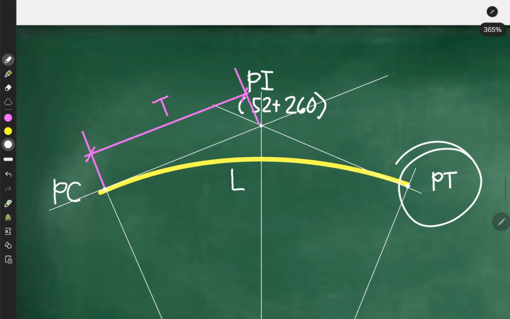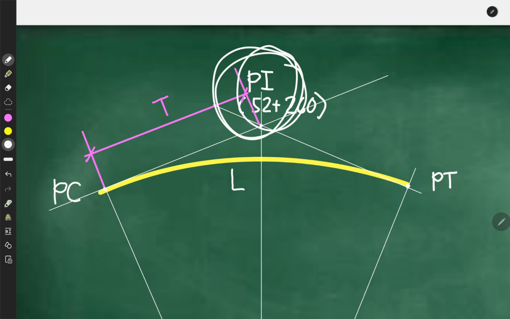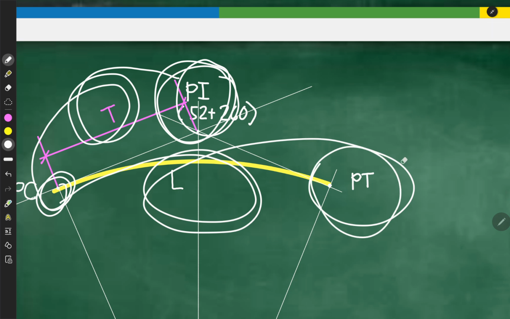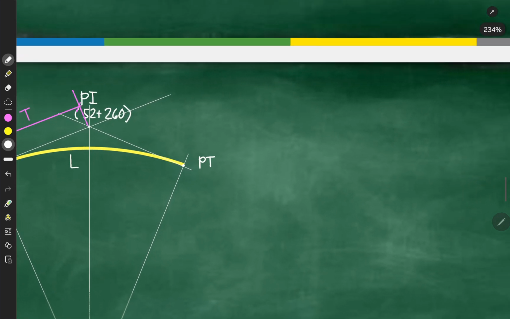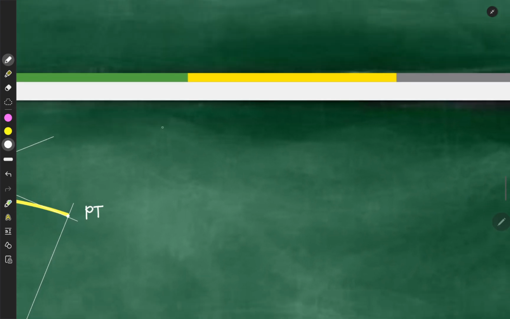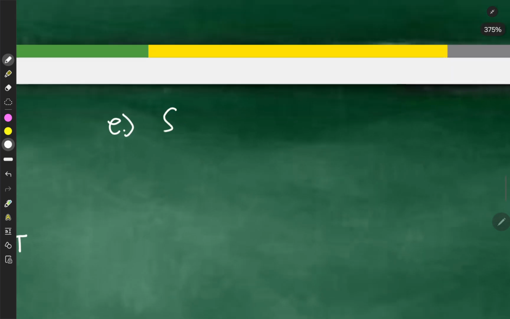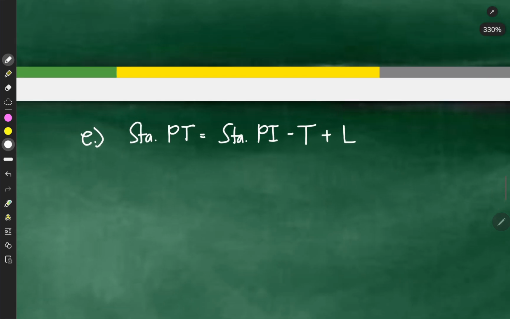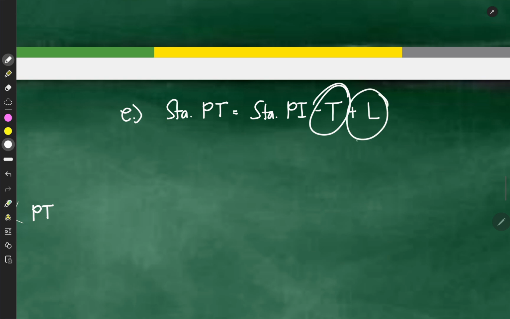To solve the stationing of PT, stationing of PI minus T, so we are now at PC, then plus L, and we are now at PT. So let's write that: the stationing of PT is equivalent to station of PI minus tangent distance plus length of curve. First, let's solve for the value of T and the value of L.